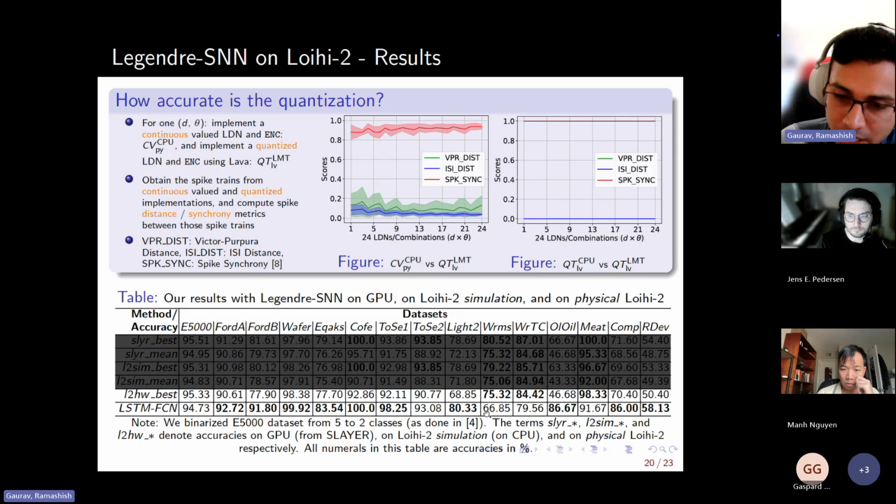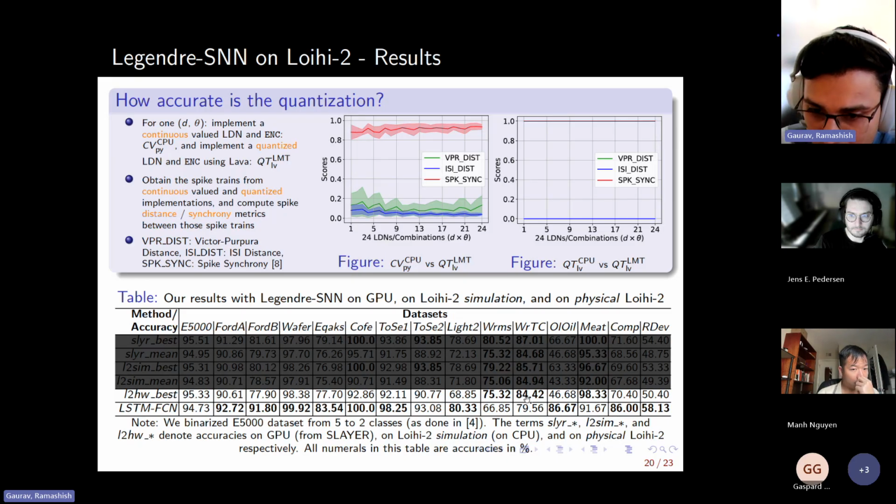So we are gradually getting closer, or there's a silver lining here. When we talk about SNNs, they do not outperform ANNs or deep learning networks, but slowly and gradually we are catching up. These results were quite encouraging for me to see that we are able to outperform LSTM FCN on at least 3 out of 15 data sets: Worms, Worms 2-class, and Meat.